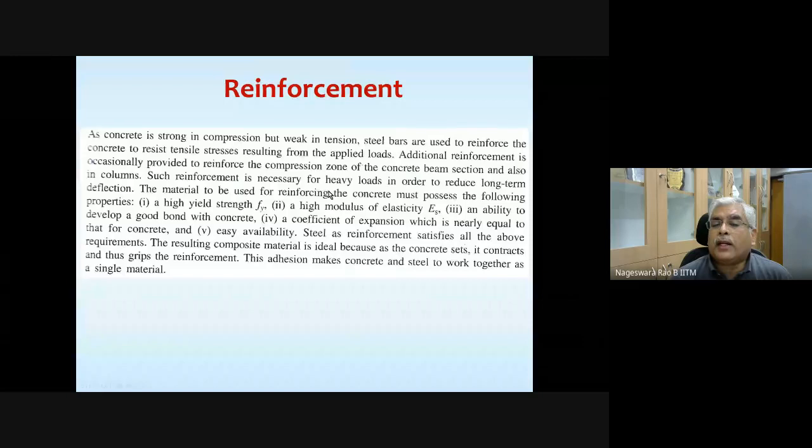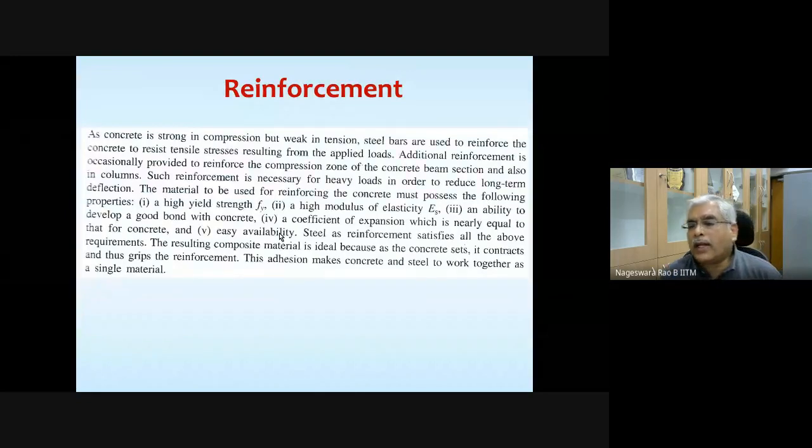Material to be used for reinforcing the concrete must possess the following properties: high yield strength, high modulus of elasticity, ability to develop good bond with concrete, coefficient of expansion nearly equal to that of concrete, and easy availability.